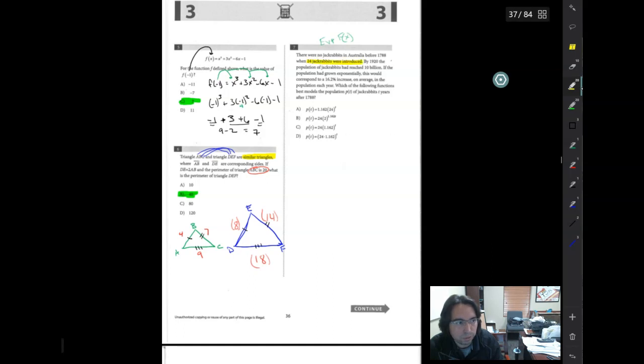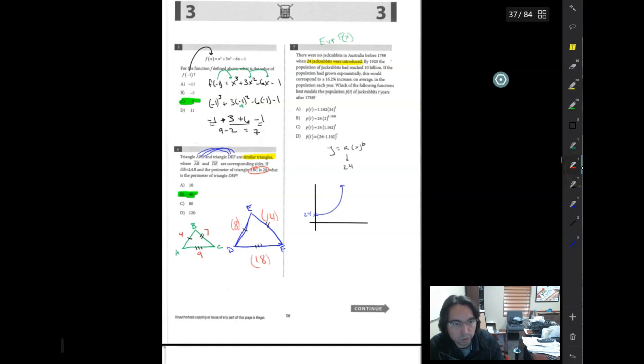That means if we were to draw this out, my starting point would be at 24. So we have some sort of exponential growth function. Looking at our answer choices, because of the formatting, it has to be y equals a times b to the x, and that a has to be 24.